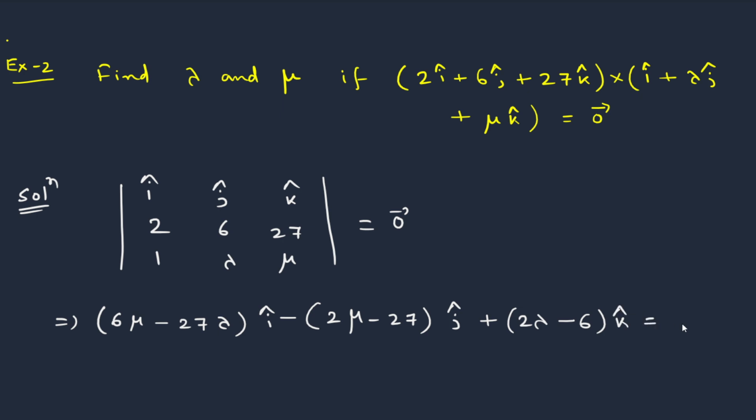Now what is the right hand side? Right hand side is 0 bar. So 0 bar we can write as 0 i cap plus 0 j cap plus 0 k cap. Now you have to simply compare.